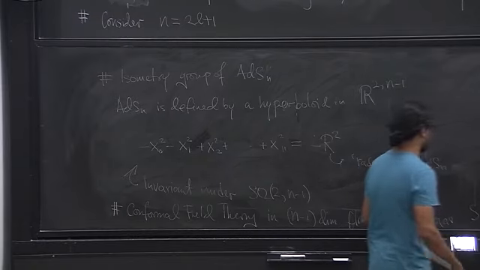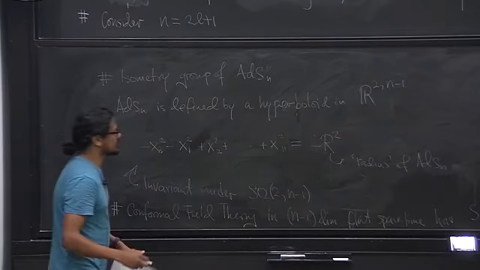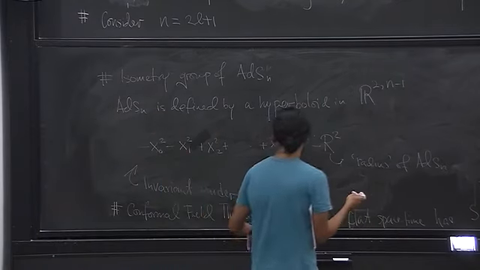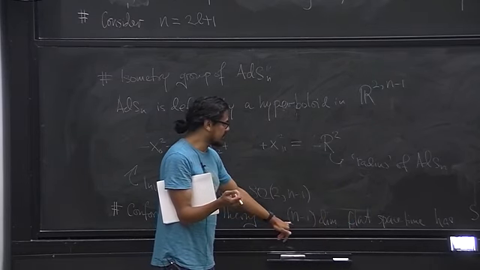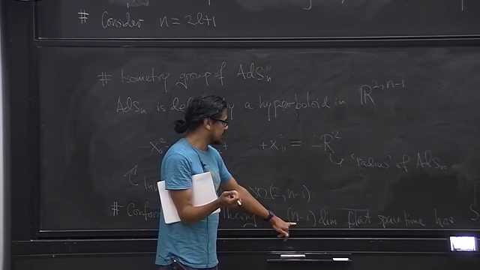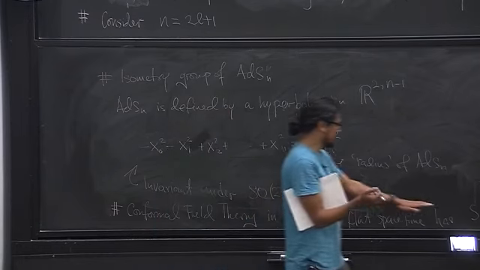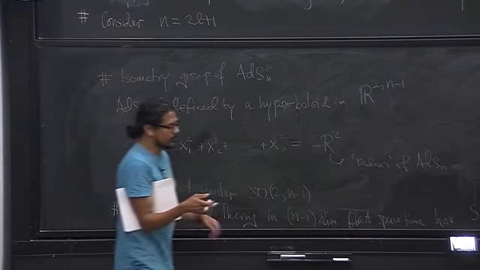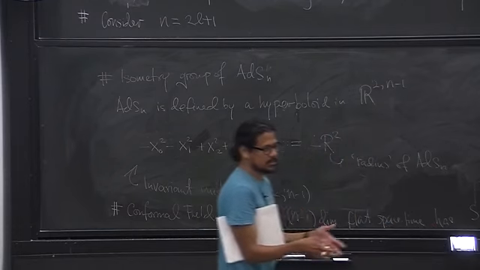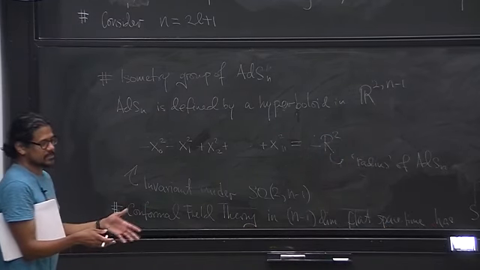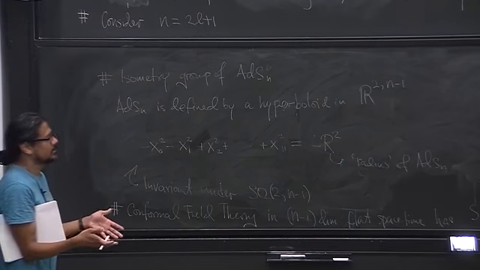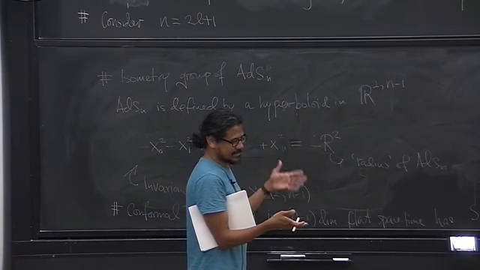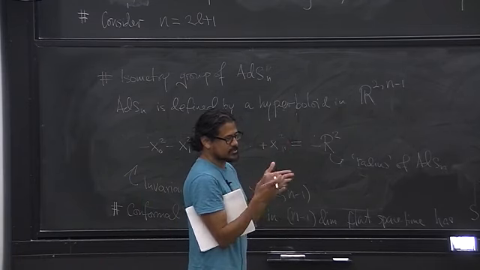When you go to quantum field theory, you'll see that if you have a number of quantum field theories, you can do rotation in field space. And it turns out that a conformal field theory in n-1 dimensions of flat space has the same symmetry as the isometry group of AdS-n. This was an important clue in the AdS/CFT conjecture, which since then has become a theorem without proof. Because symmetries on the 2 sides have to match.